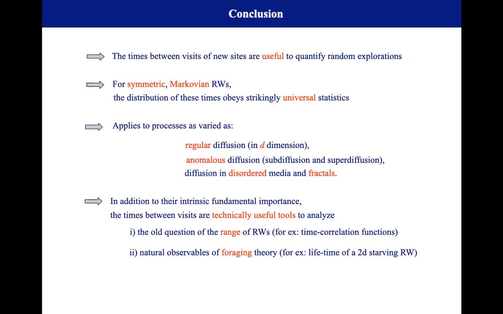A second example of application concerns the natural observable of foraging theory I mentioned in the introduction. You can be interested in the problem of a random walker that has to hit a target at a regular rate, not to die, not to starve. And from the formalism we have developed here, we can determine the lifetime of such a two-dimensional starving random walker. So I think this could act as a promising tool to analyze several properties of random walks.